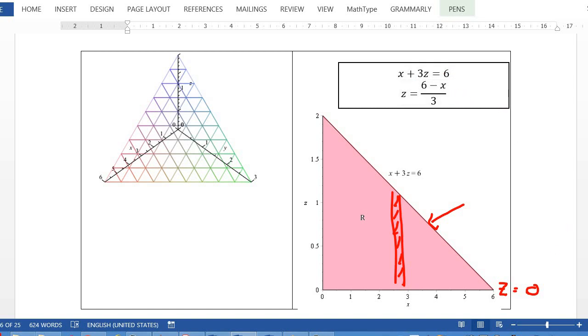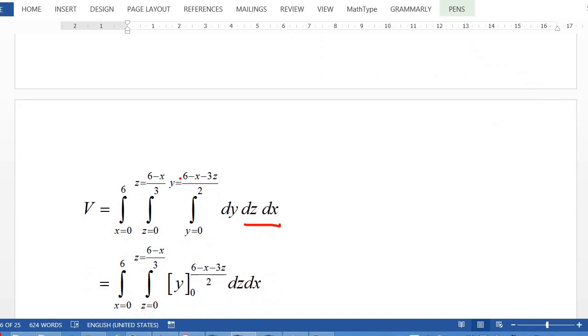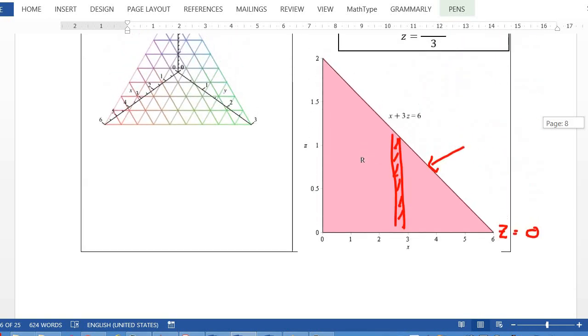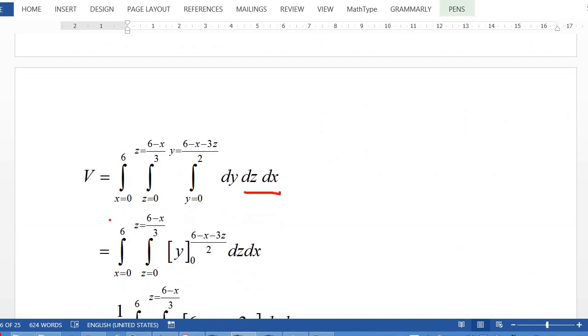So this is the upper limit, and this will be the lower limit: z from 0 until z equal to 6 minus x over 3. And again, you sum the vertical bar from the left, which is x equal to 0, until the right side, which is x equal to 6. x from 0 until x equal to 6.